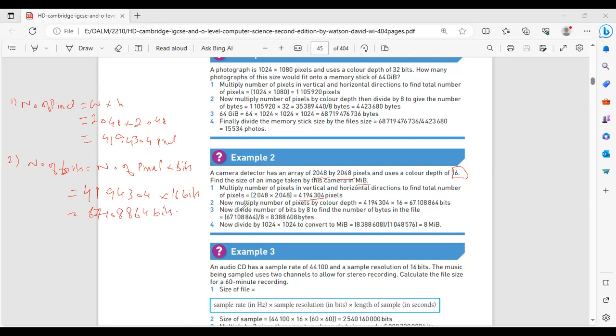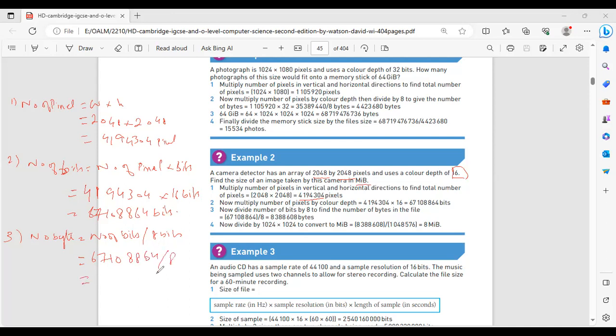Now divide the number of bits by 8 to get the answer in bytes. You need to find the number of bytes. First write the number of bits divided by 8 bits. The number of bits given is 67108864 divided by 8.